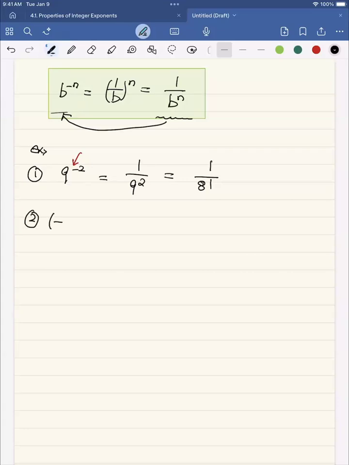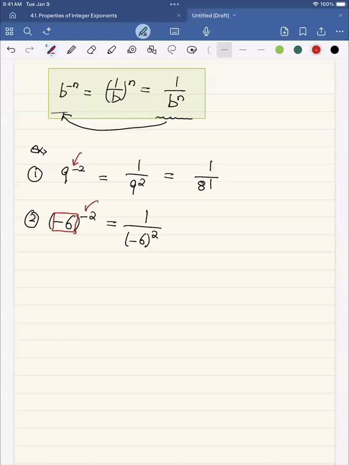Secondly, we have negative 6 to the negative 2 power. Pay attention that there is a parenthesis. So the base number is negative 6. So that is 1 over negative 6 squared.